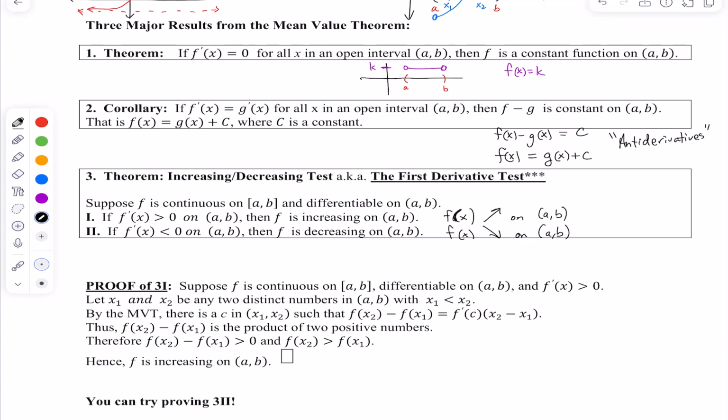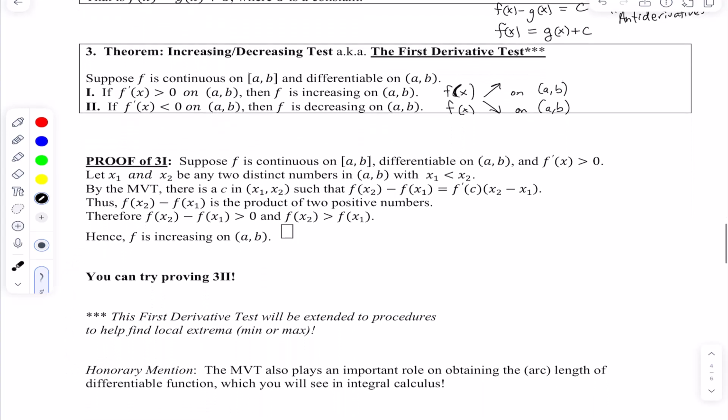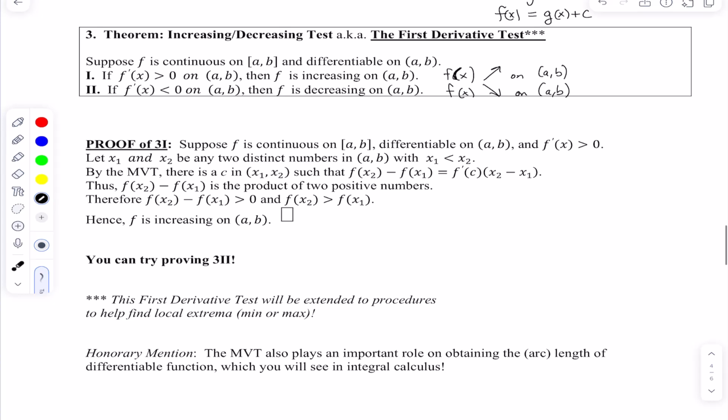And the proof for part 3i is below. It's right there. And being able to read and analyze and rewrite proofs could help you understand these theorems in calculus so much better. Suppose a function is continuous on a closed interval and differentiable on an open interval, and the first derivative evaluated for all those x's is greater than 0.